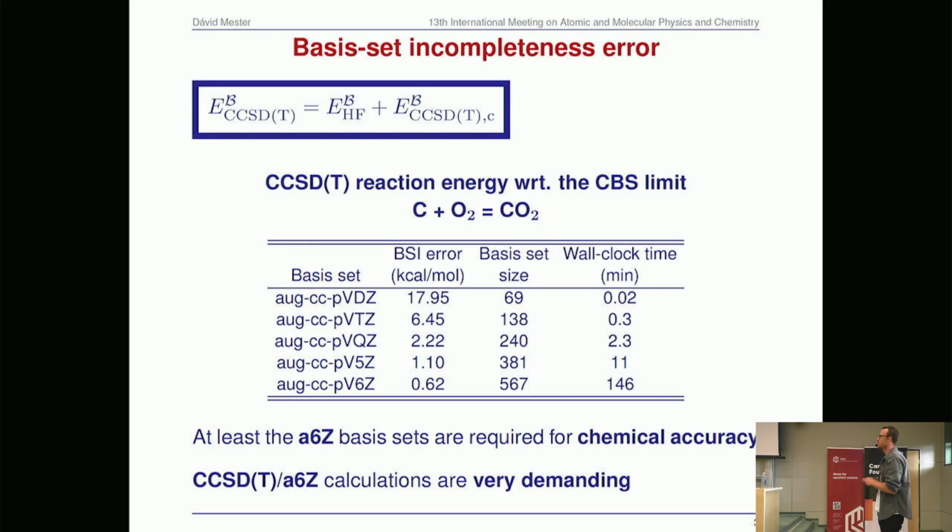To reach chemical accuracy, which is 1 kilocalorie per mole, at least the augmented 6Z basis sets are required, and these calculations are very demanding and not feasible to extend this method to large systems.